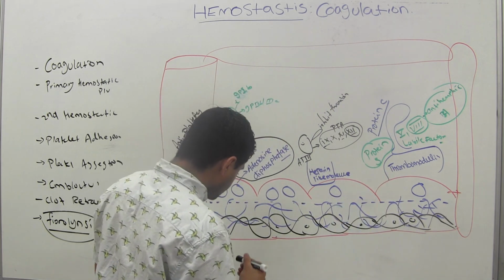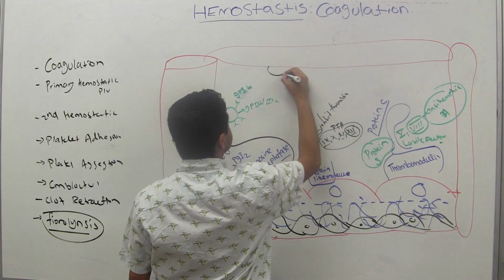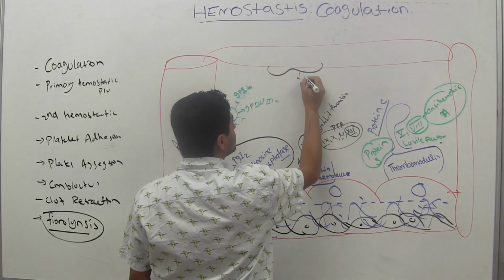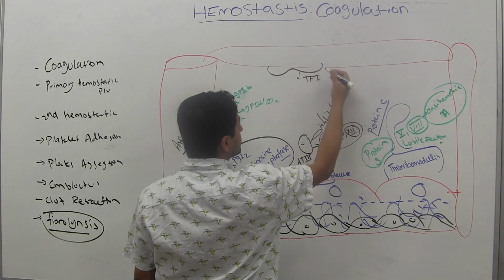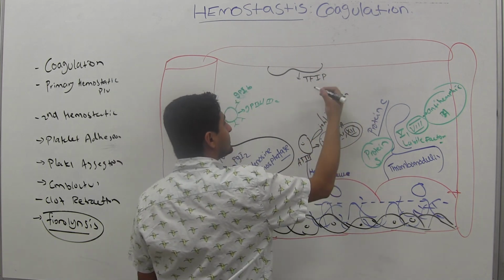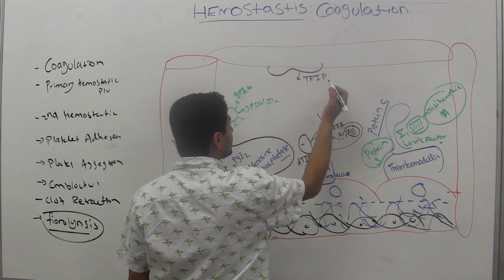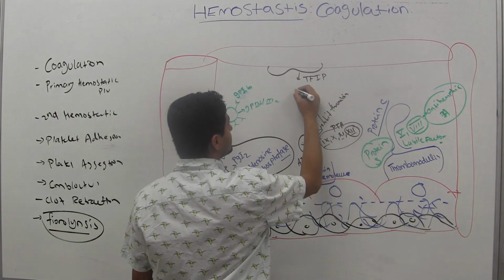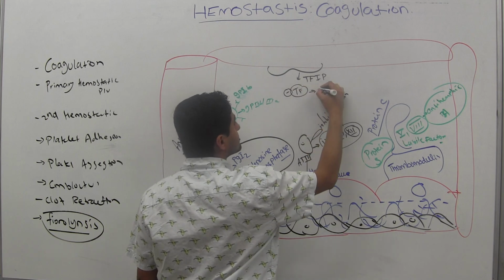Now there's other things, like the healthy endothelial cells also produce this tissue factor pathway inhibitor, it's called, right? What it does is it inhibits your extrinsic pathway, which inhibits your tissue factor, right? And also it inhibits your factor 7, guys.